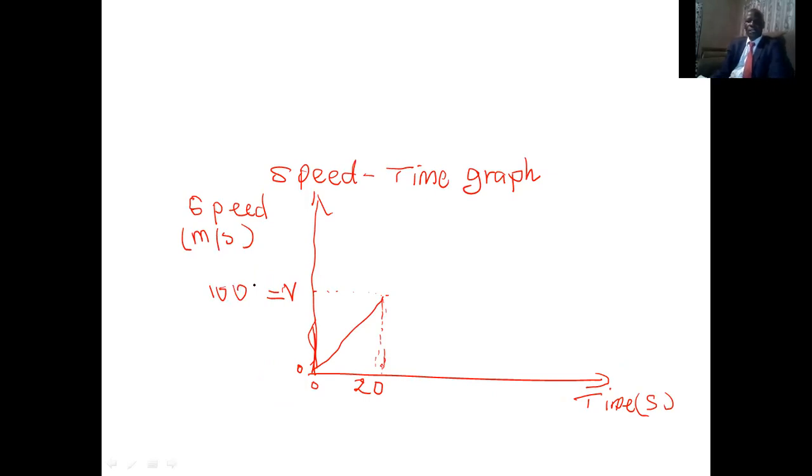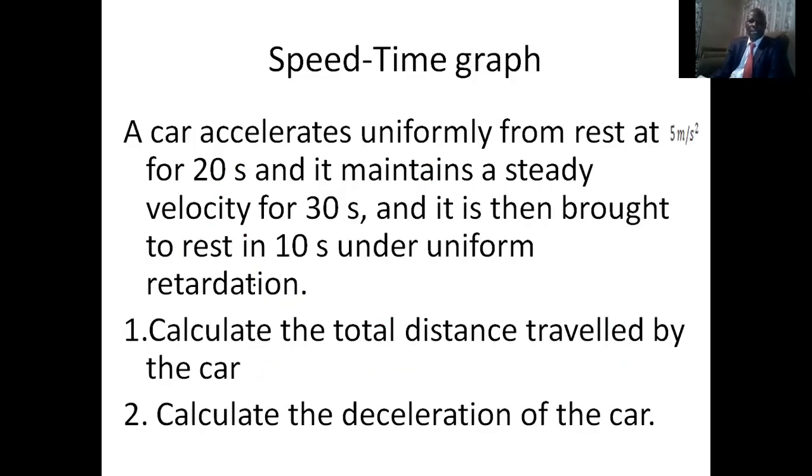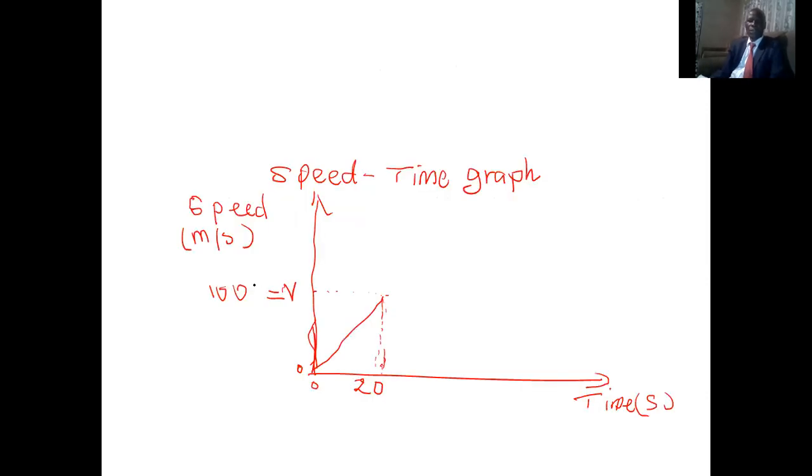And we are told that the car maintains a steady velocity for 30 seconds, meaning that it had a constant velocity for 30 seconds. So the car moved for 30 seconds steady, meaning that the velocity was uniform.